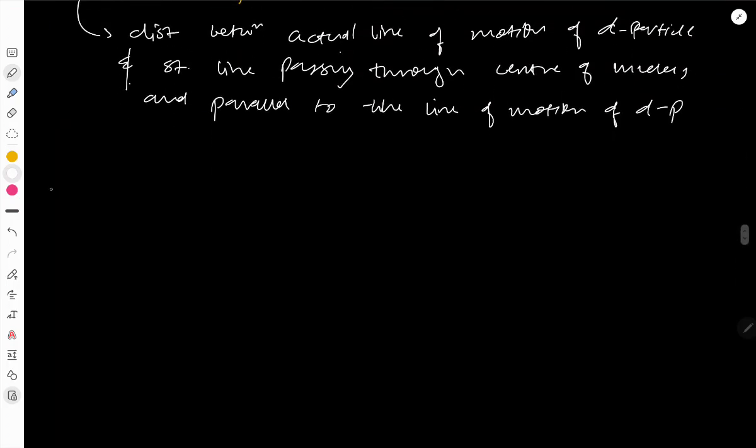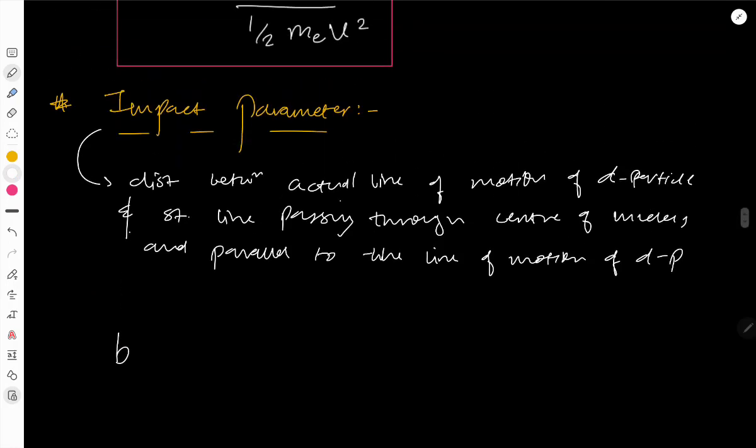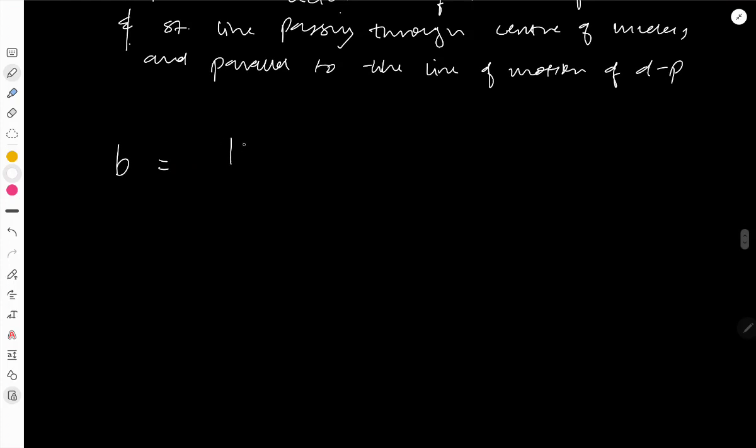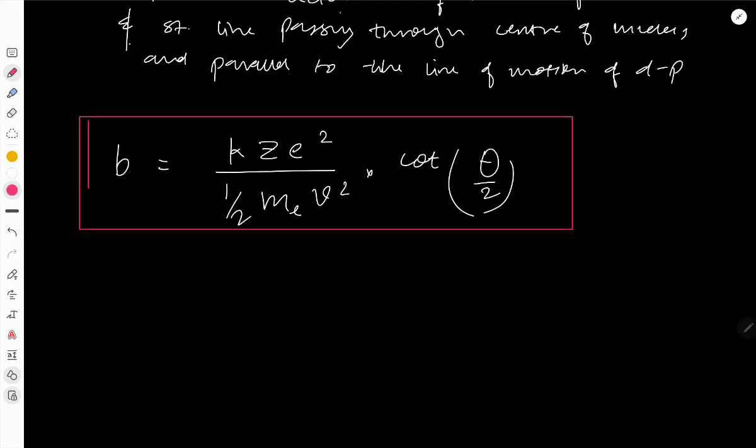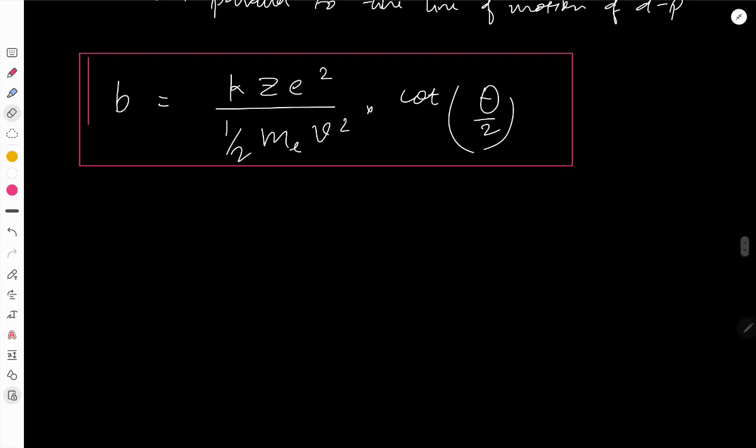So now there's a ready formula and it is represented by b, which is k Z e square upon half m v square multiplied by cot theta by 2. So now you might be wondering, what is the theta here, as we saw no theta in any of our derivation till now.